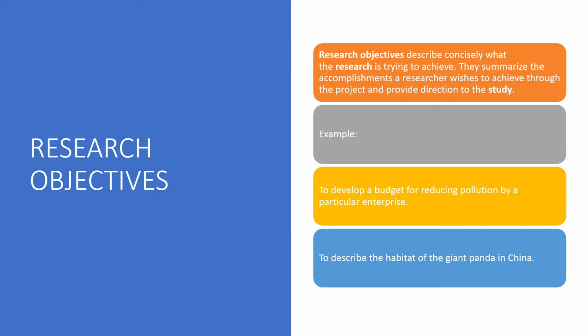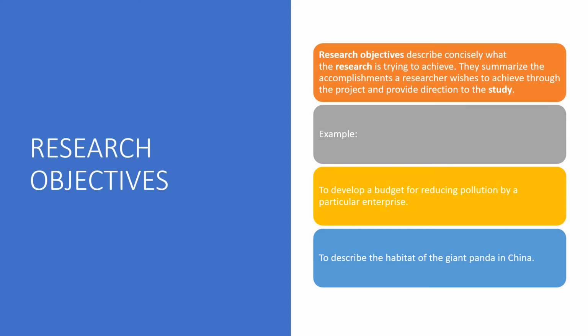In a research report, you may have 2 to 3 or even more research objectives. They start with the word to. For instance, to develop a budget for reducing pollution by a particular enterprise, to describe the habitat of the giant panda in China.